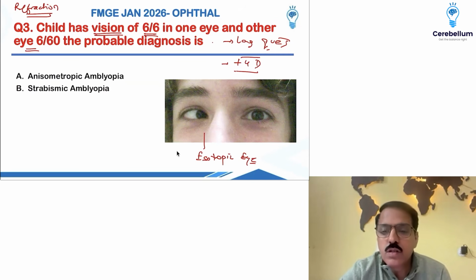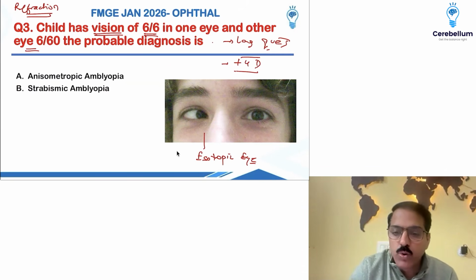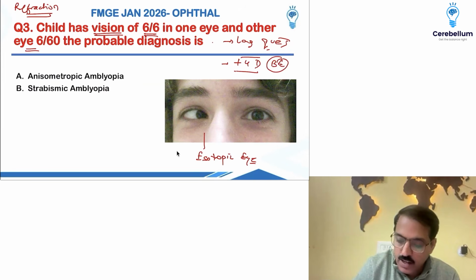So +4 diopter difference was there, +4 diopter both eyes. If they have given +4 diopter in both eyes, that means the refraction is the same.